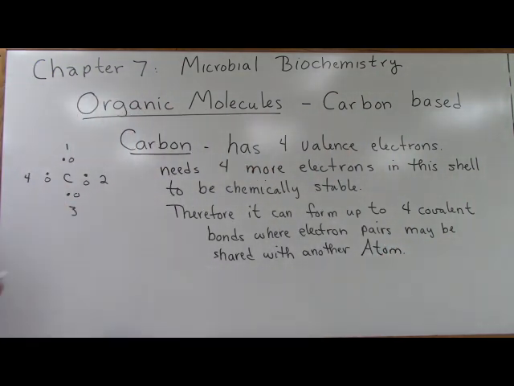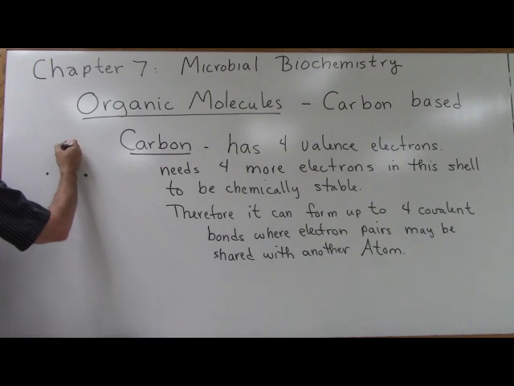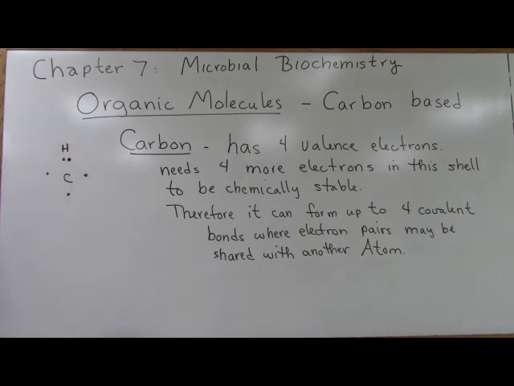Now, the simplest example of this with regard to carbon is if we were to replace these 4 holes with the electrons from 4 hydrogen atoms. And hydrogen is really kind of a weird little atom. It only has 1 valence electron, but it only needs 2 in this outer shell.